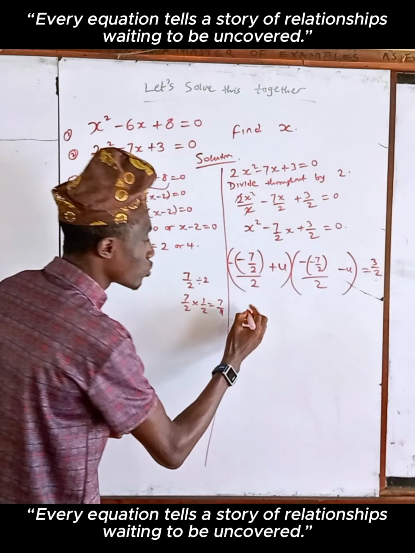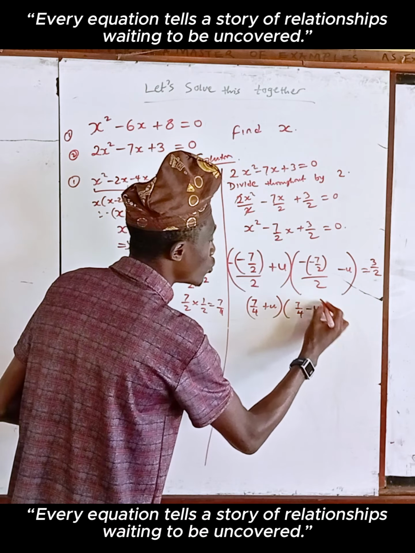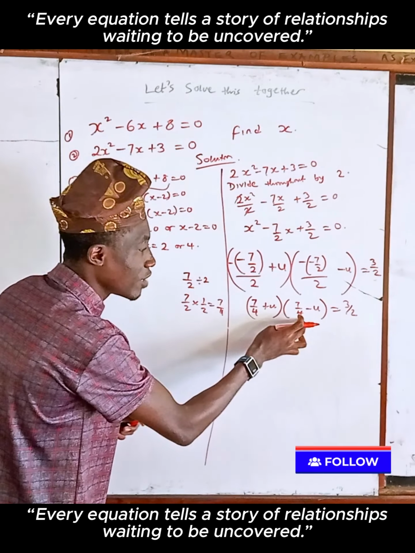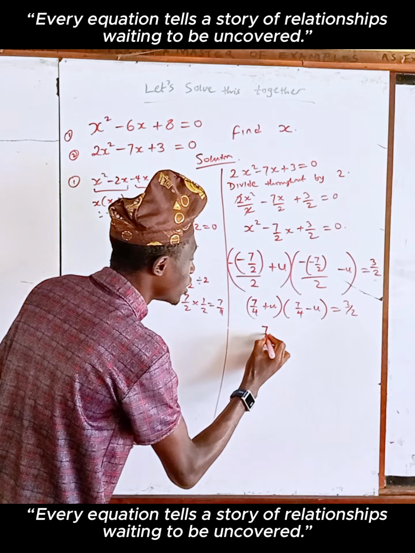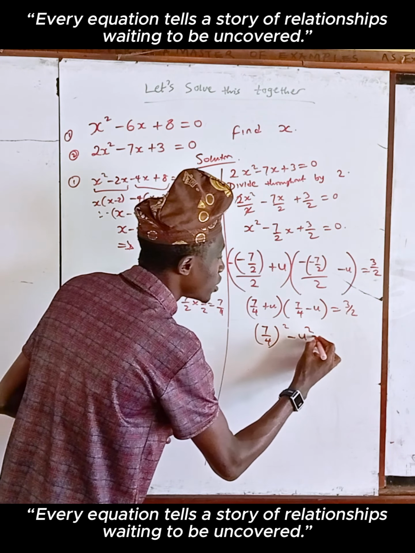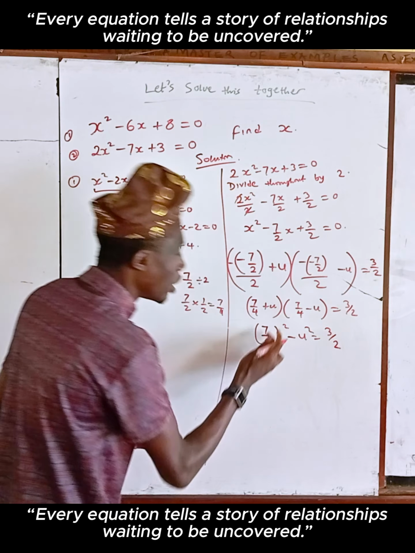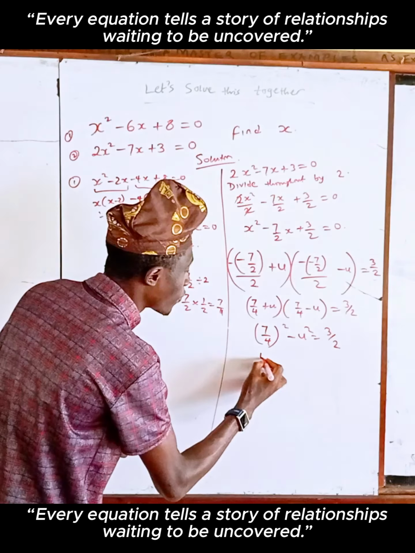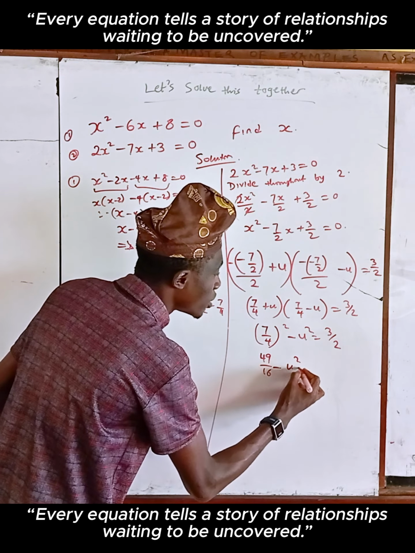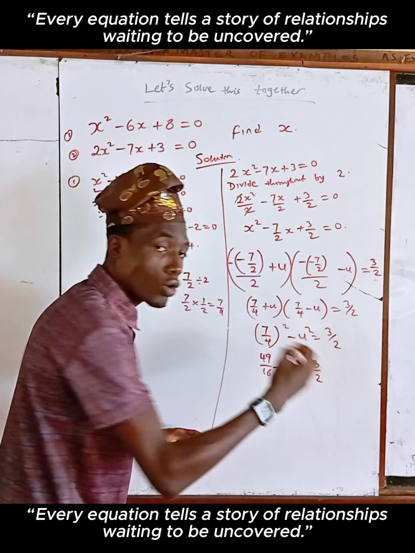Then we have 7 over 4 minus u is equal to 3 over 2. So we have the difference of two squares. It's going to give us 7 over 4 squared, then minus u squared is equal to 3 over 2. Now this is going to give us 49 over 16, then minus u squared is equal to 3 over 2.